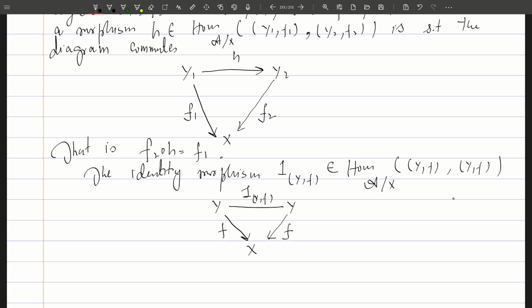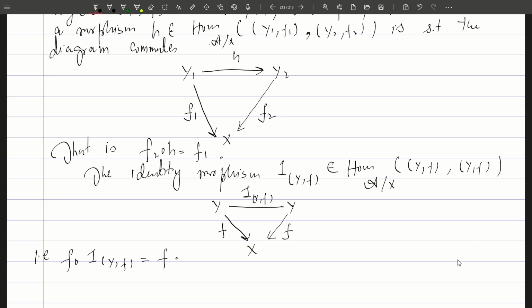Now since this diagram commutes, that means f composed with this map 1 sub yf is the same as f.